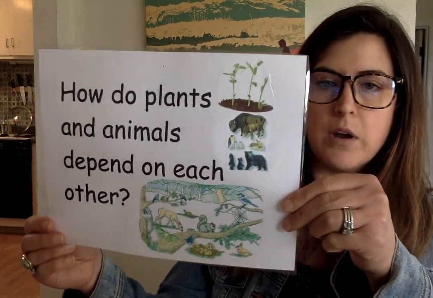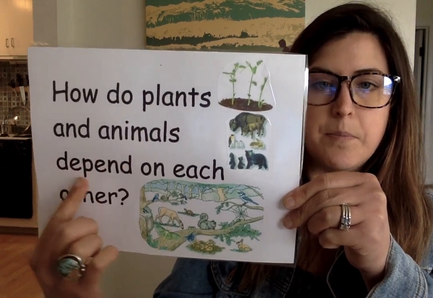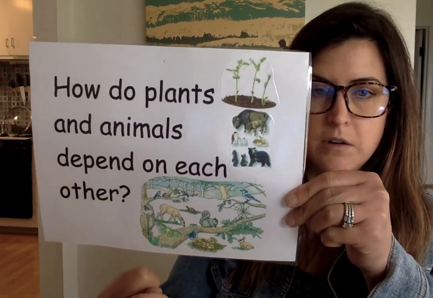So plants and animals are closely related, not like they're cousins, but they have a relationship to help each other survive. So we've learned a lot about plants already, and as we start to study animals, these are some things we want to be thinking about. How do plants and animals depend on each other? That's what I was just talking about, their relationship.